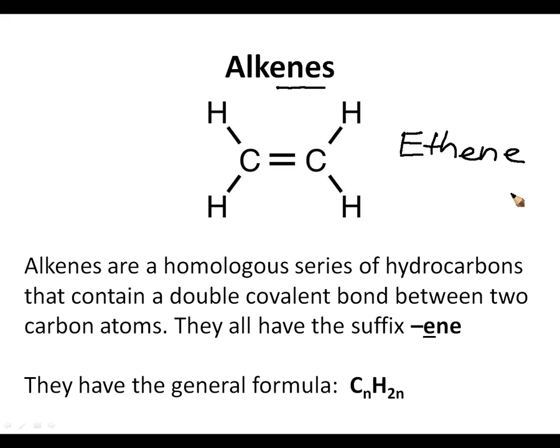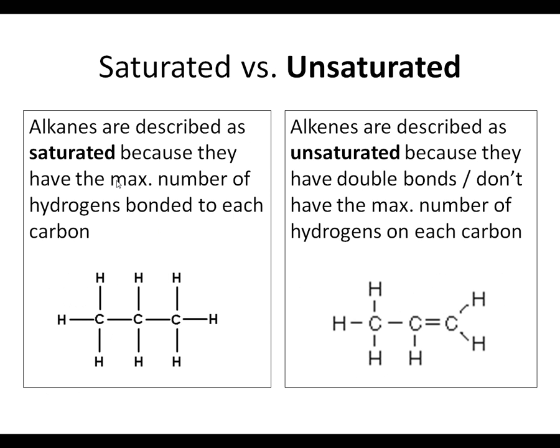So alkenes are a homologous series that contain a double covalent bond between two carbon atoms, and they end with the suffix "ene". Now they have the general formula CnH2n, and we'll talk a little bit more about that at the end. Alkenes are often said to be unsaturated.